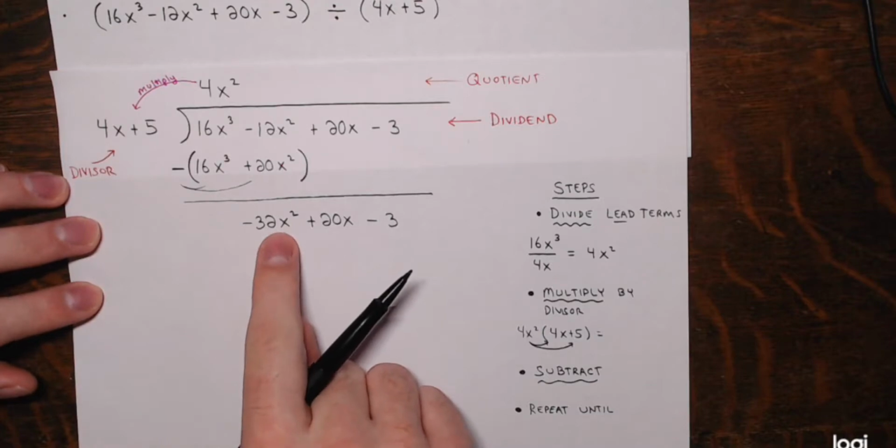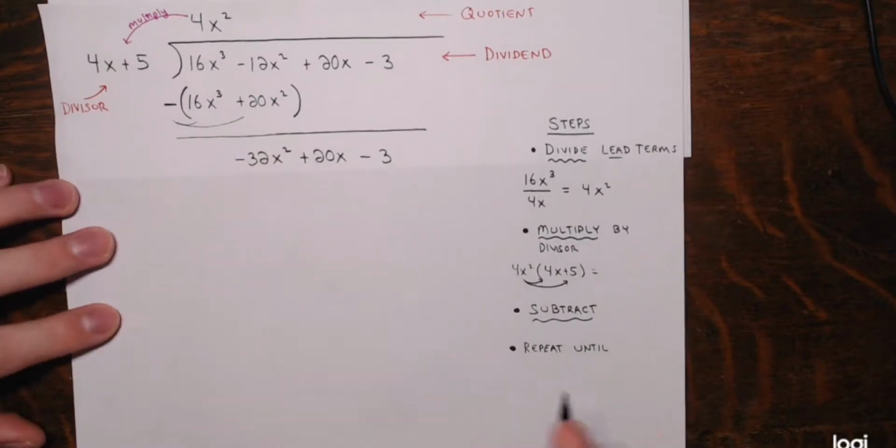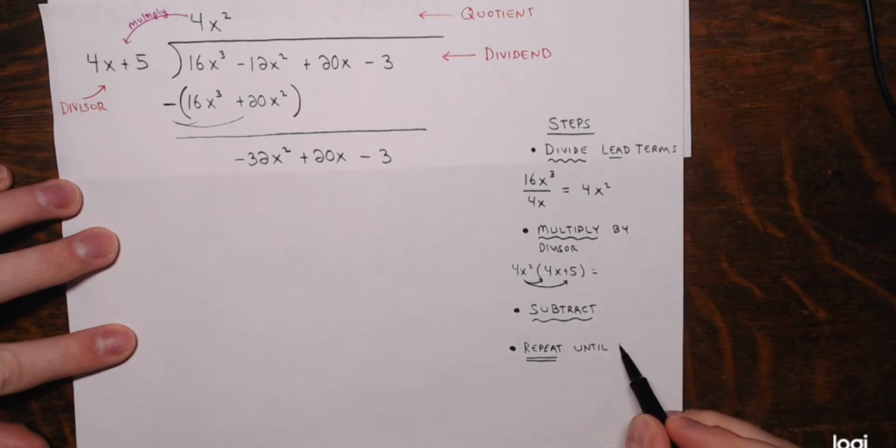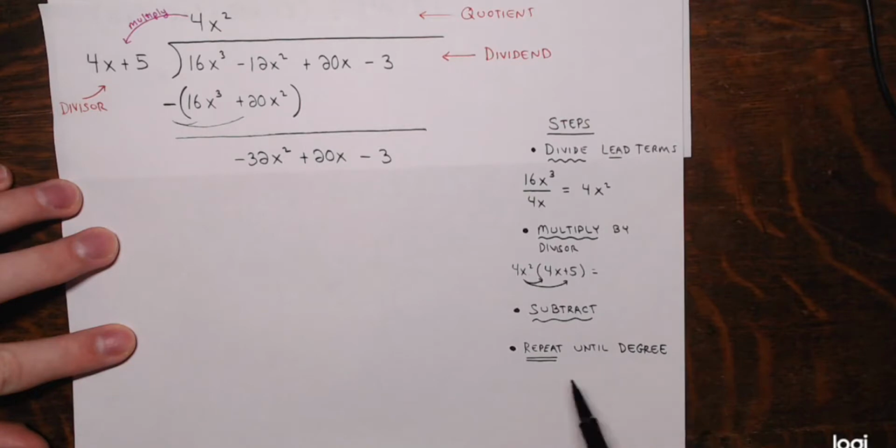This polynomial here after subtraction is a degree 2. So I must keep going. So repeat until the degree after subtraction is less than the degree of the divisor.